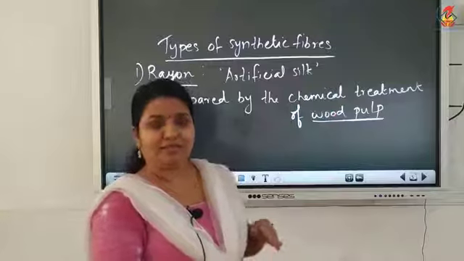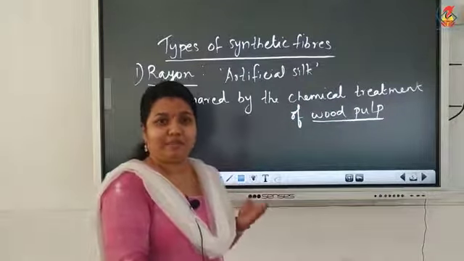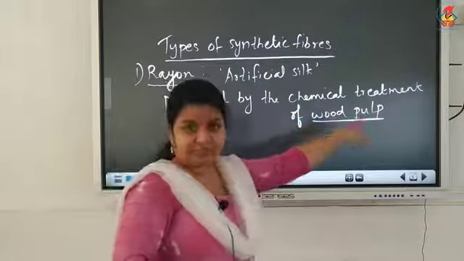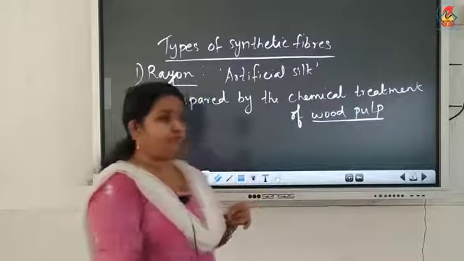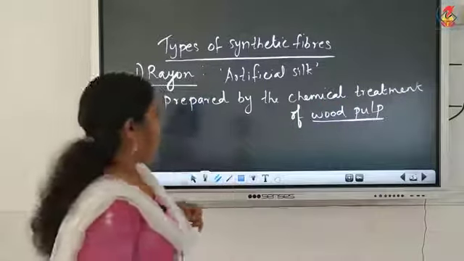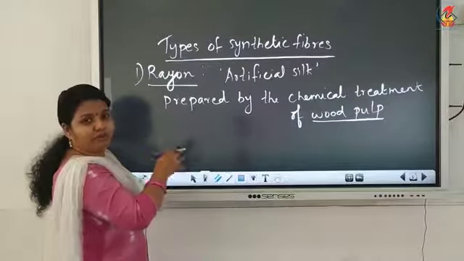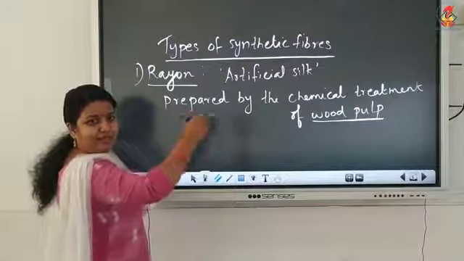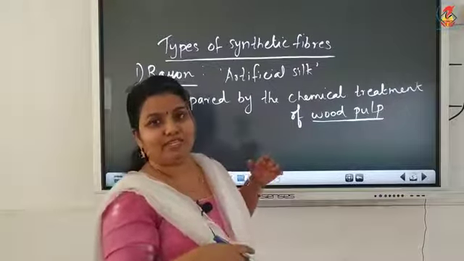So though it is obtained by a chemical method, we consider it a synthetic fiber, but the source is natural. From plants we get this fiber. So it is not fully synthetic. Rayon is not a fully synthetic fiber. It is a synthetic fiber, but partially it is natural too, because the raw material used is wood pulp.